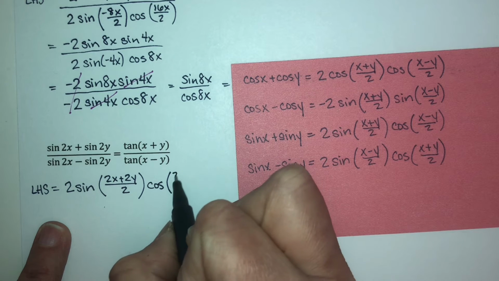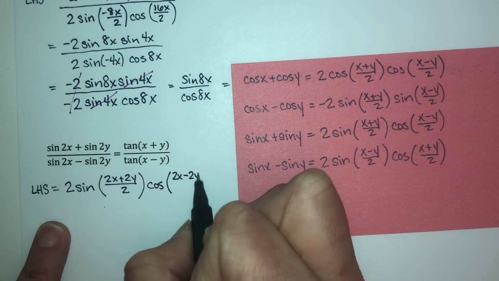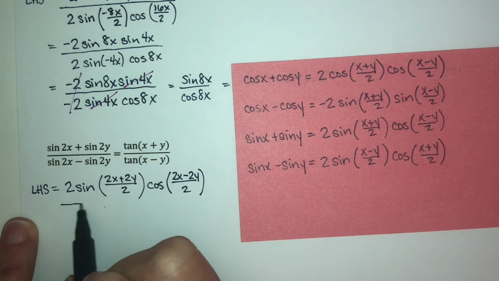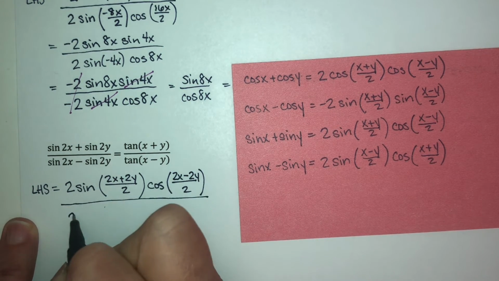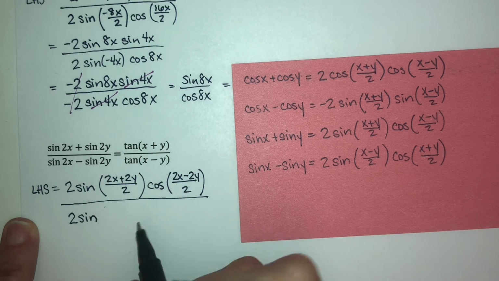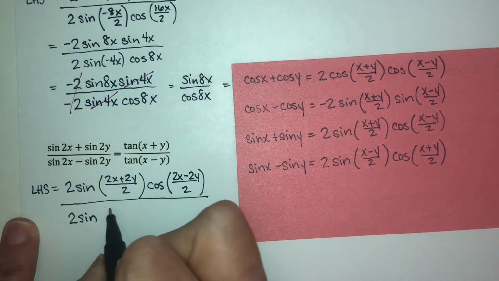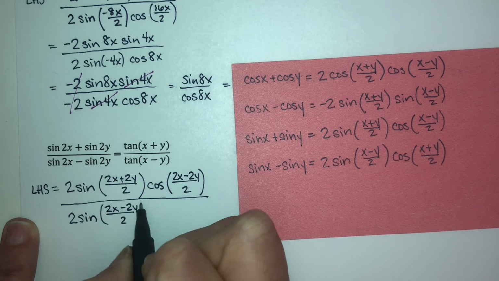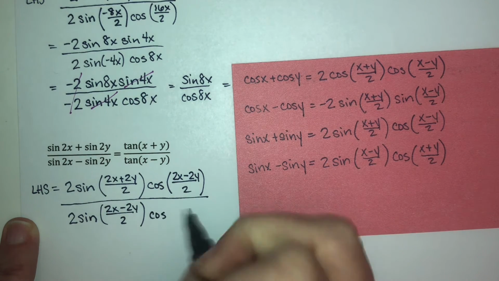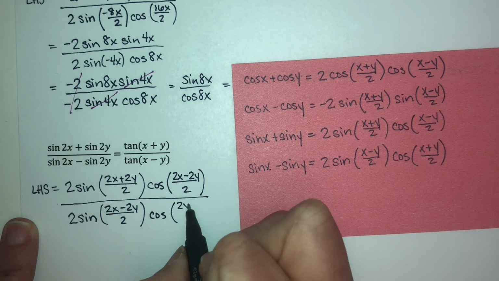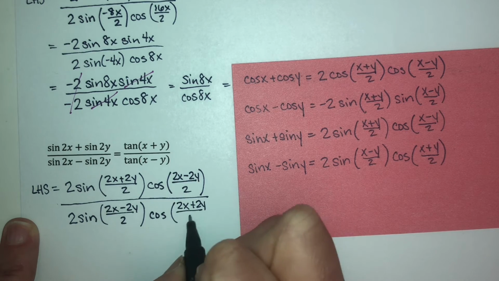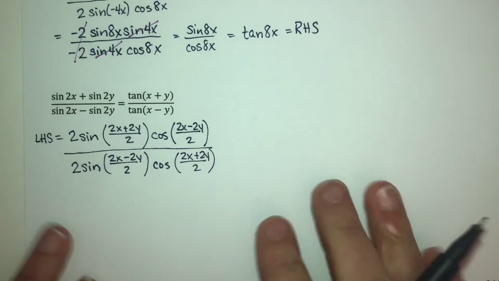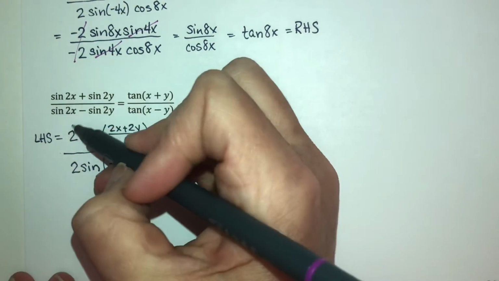So cosine of 2x minus 2y over 2. And this will be over 2 sine of x minus y, so 2x minus 2y divided by 2, cosine of 2x plus 2y divided by 2. Okay, well, you can see here that these 2's are going to cancel out.